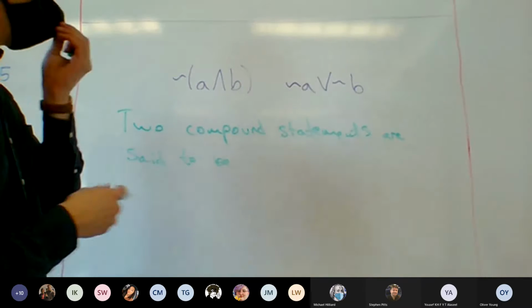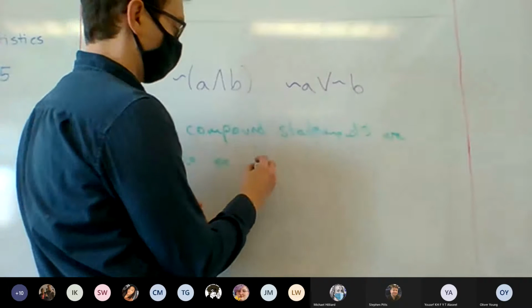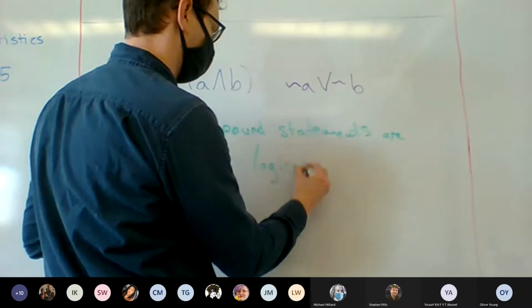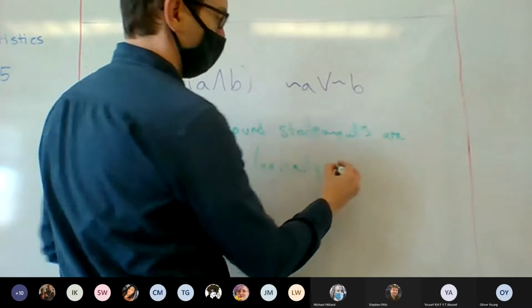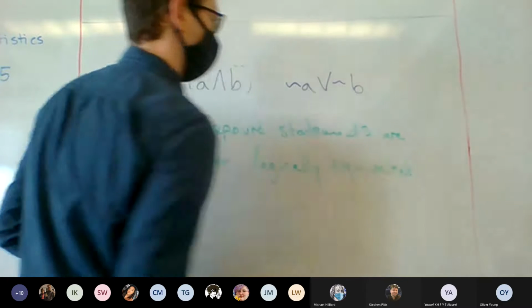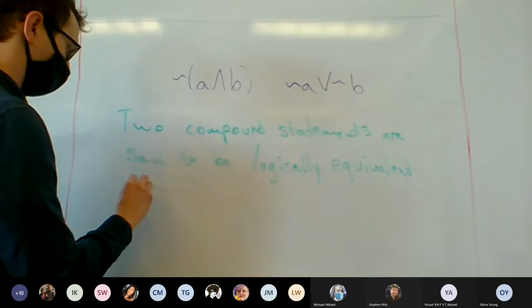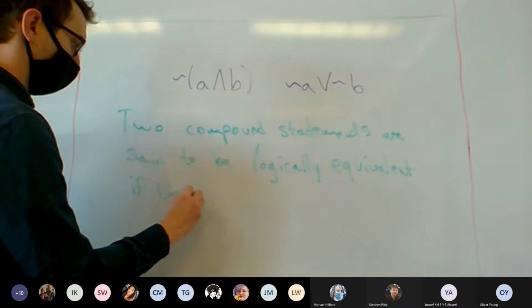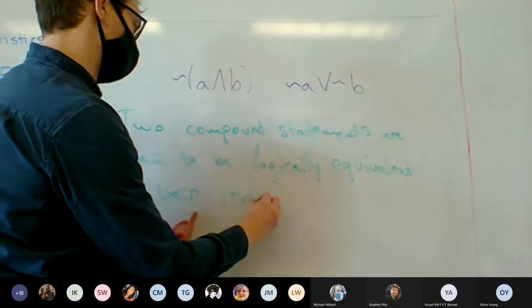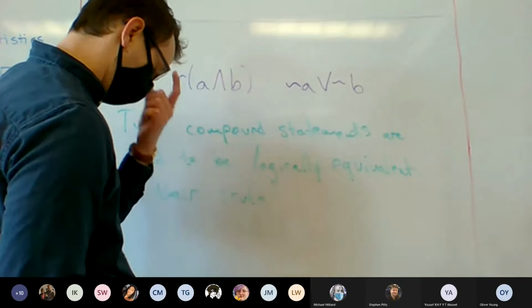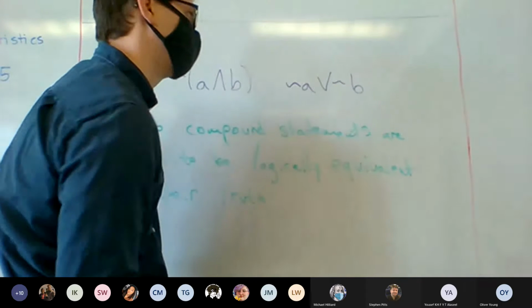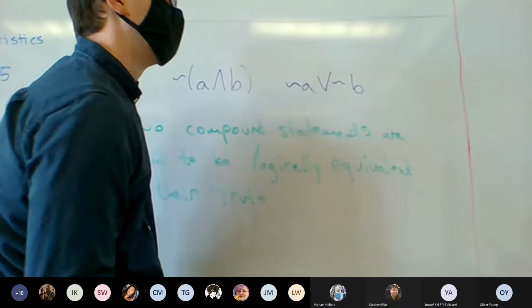Two compound statements are said to be, and here comes the fancy word for same, logically equivalent, if their, let's just say truth outputs.